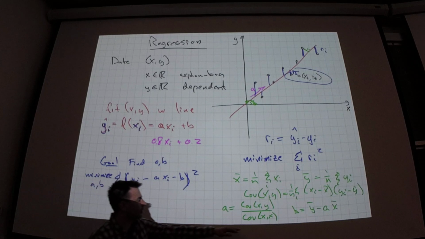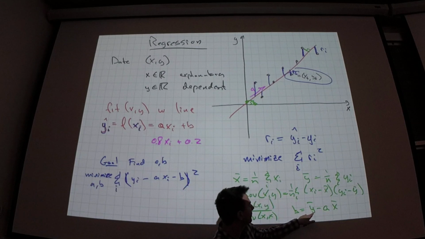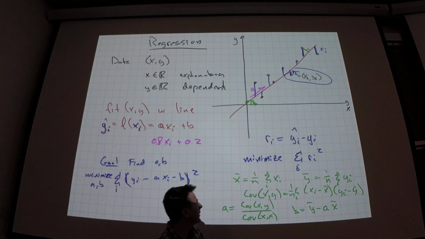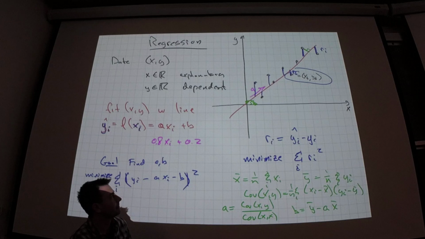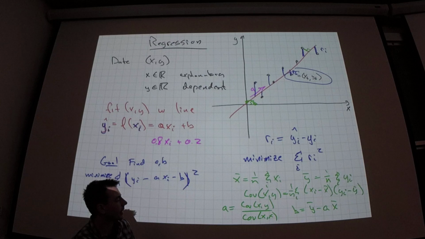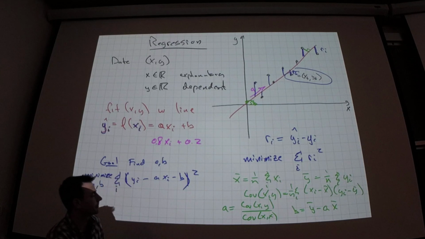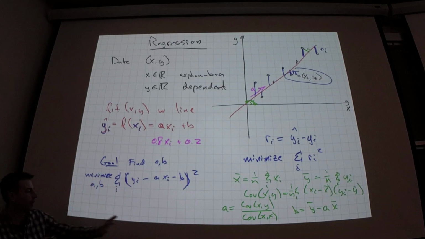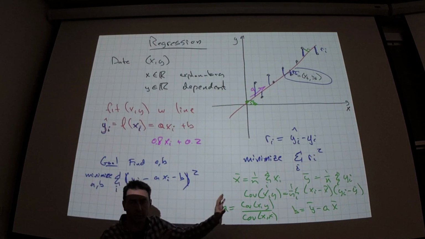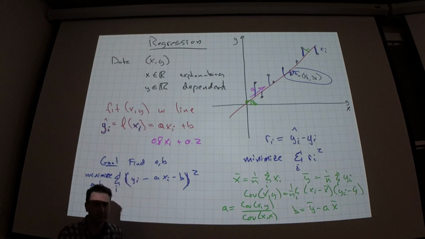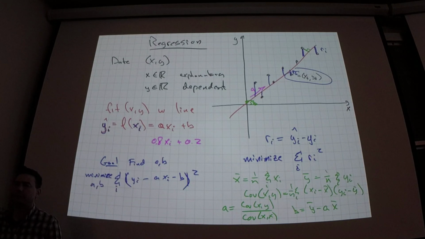Basically, this is finding the slope, and so there's a simple closed form solution for the optimal values here, right?